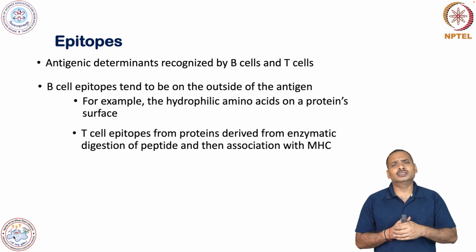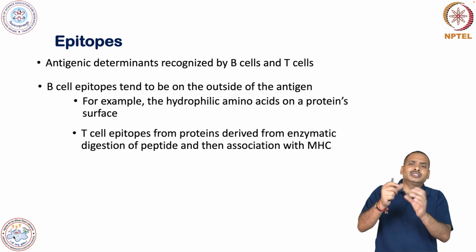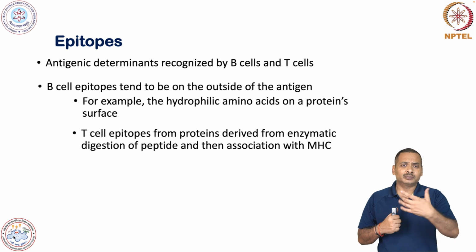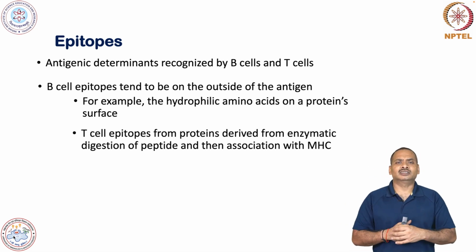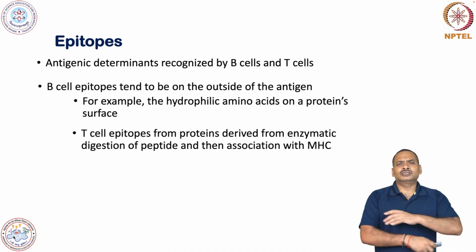In case of TC cell, it's MHC class 1 molecule. So, these molecules are presented along with respective MHC, and then that will activate respective T cells. So, this is in case of T cell.